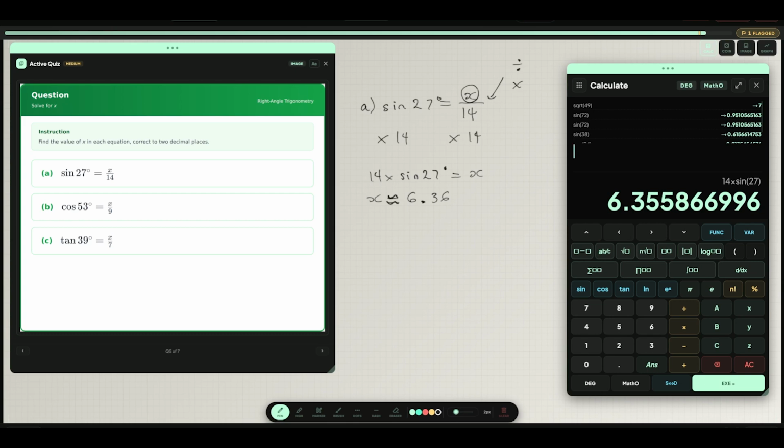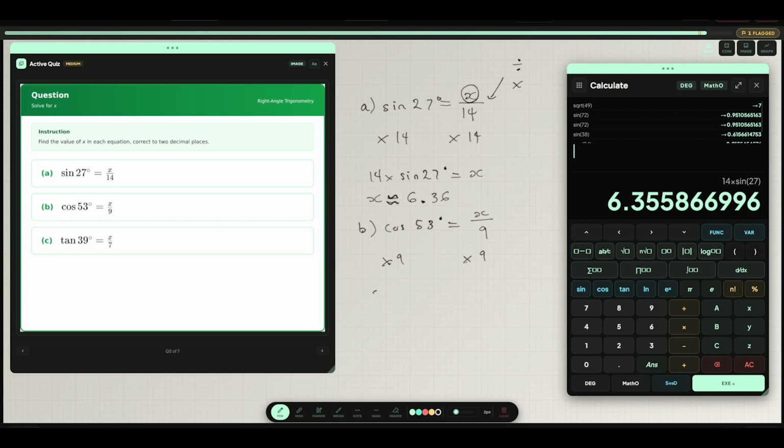Alright, if we look at B, we have cos 53 degrees is equal to x over 9. It's the exact same process. All we do to solve these and get the x on its own is multiply both sides by 9.